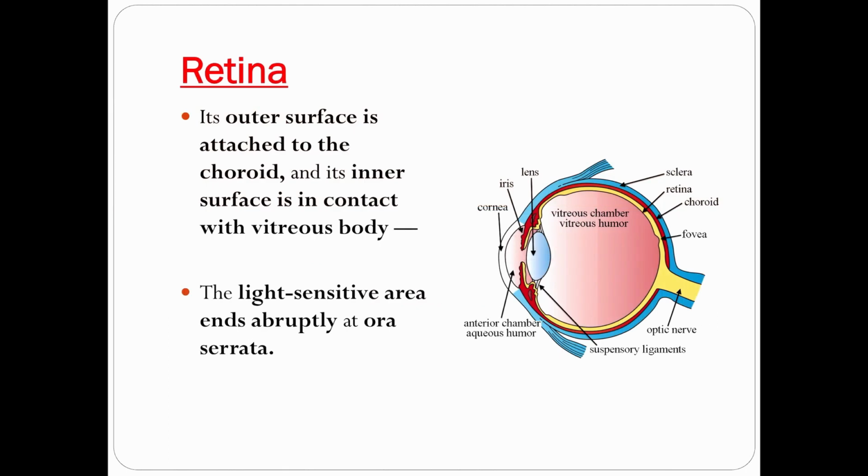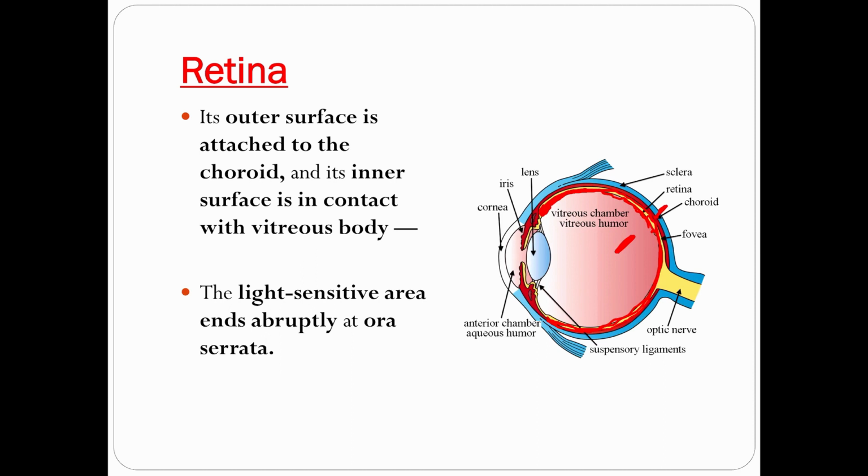This yellow color goes up to the ora serrata, composed of 10 layers in such a way that the outer surface of the retina is firmly attached to the choroid, but the inner surface of the retina is towards the vitreous, so it is sandwiched between the vitreous and the choroid. These are the inner and the outer surfaces.